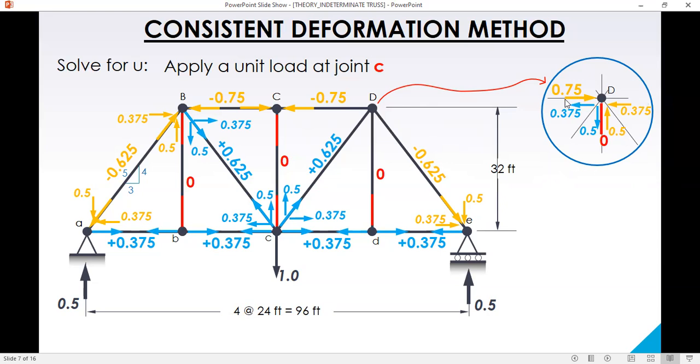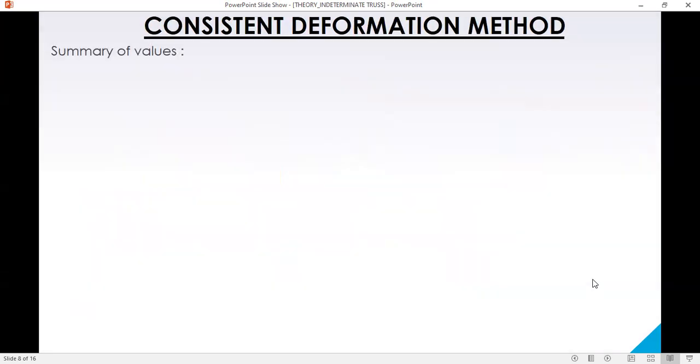Balance, no? 0.75, 0.375, 0.375, balance. Upward, 0.5, downward, 0.5, balance also. So after this, we are now ready to compute for the values of delta.